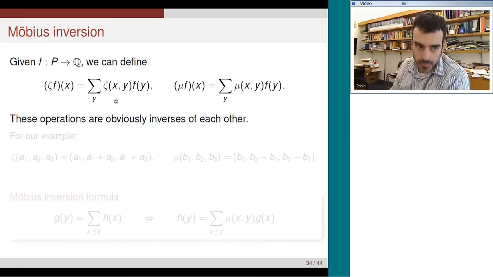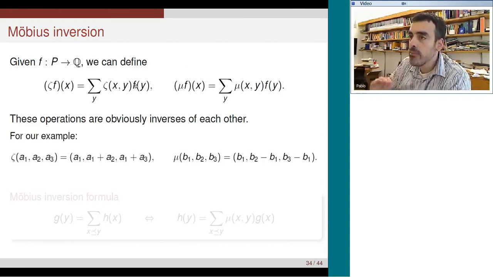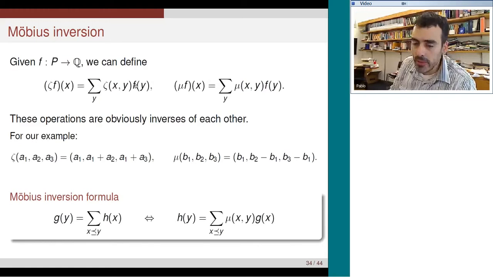Right? And by construction, of course, this is just matrix multiplication. And by construction, these are going to be inverse operations. So if I multiply by zeta, I get something. If I multiply by mu, I get something else. And if you ever heard about the Moebius inversion formula, this is exactly what the Moebius inversion formula is giving.